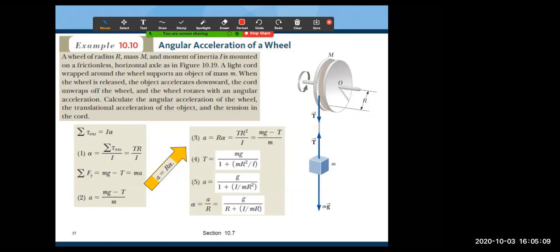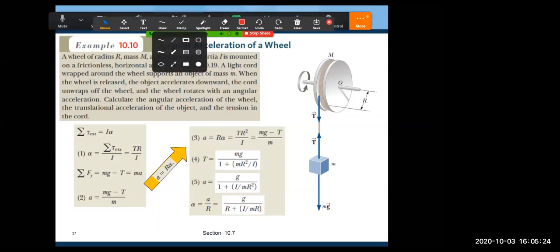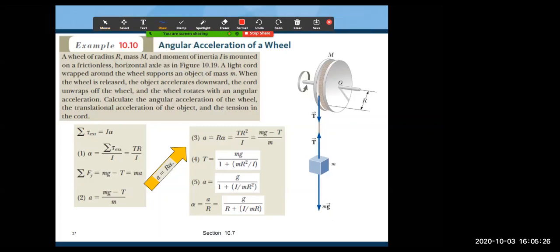The mass of the wheel is M, the moment of inertia is large I, and the mass of the block is small m. You are asked to calculate the angular acceleration of the wheel, the translational acceleration of the object, and the tension in the string.